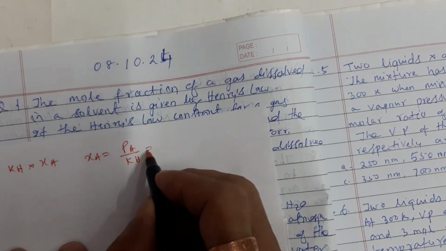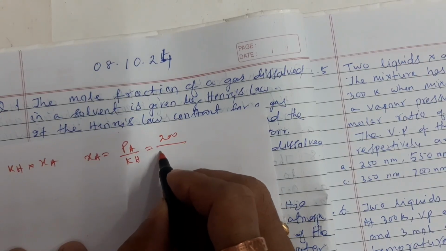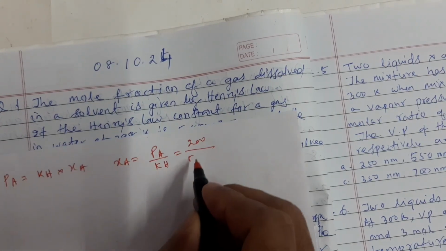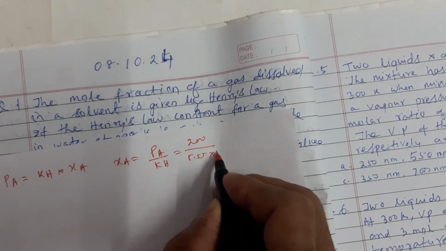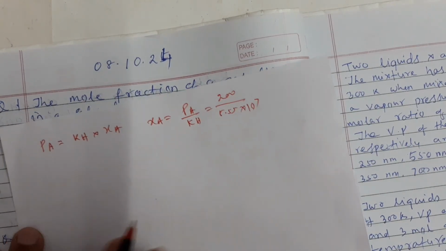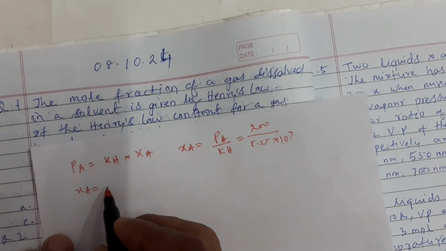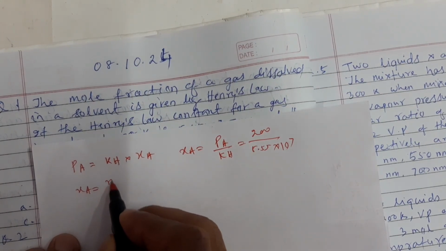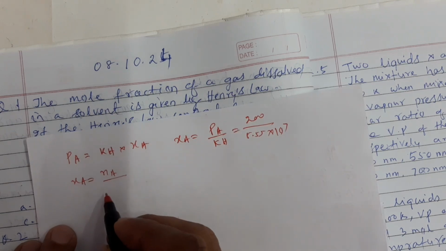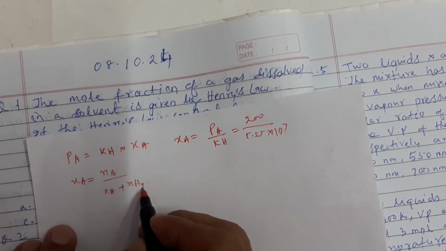Your PA is given as 200 and Henry's constant is 5.55 multiplied by 10 to the power 7. We know mole fraction is equal to nA by nA plus nH2O.